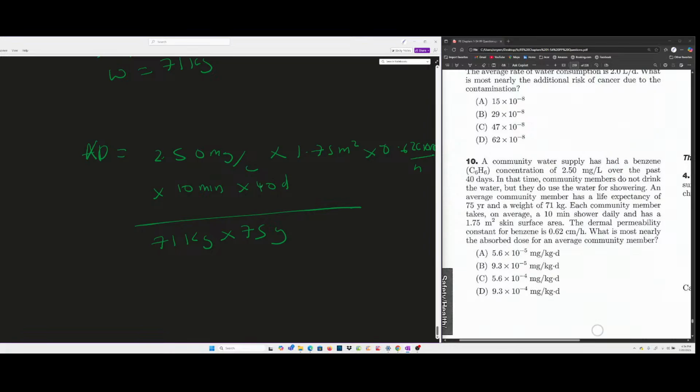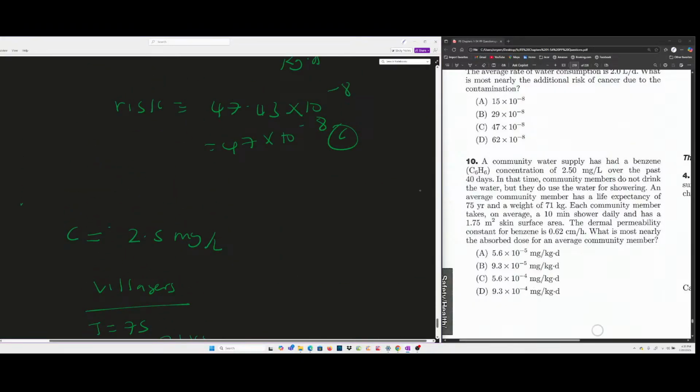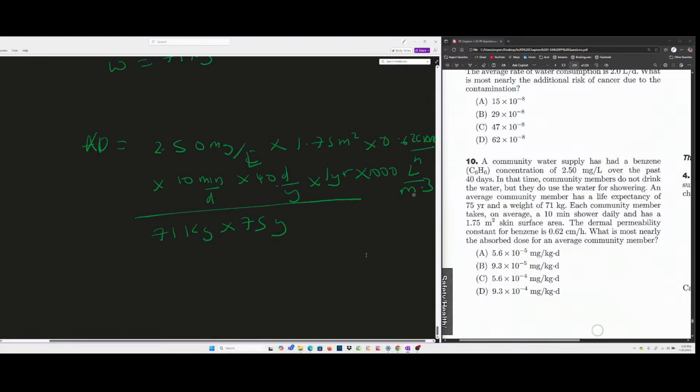We have to convert the minutes to days, and convert liters to cubic meters: 1,000 liters equals 1 cubic meter.